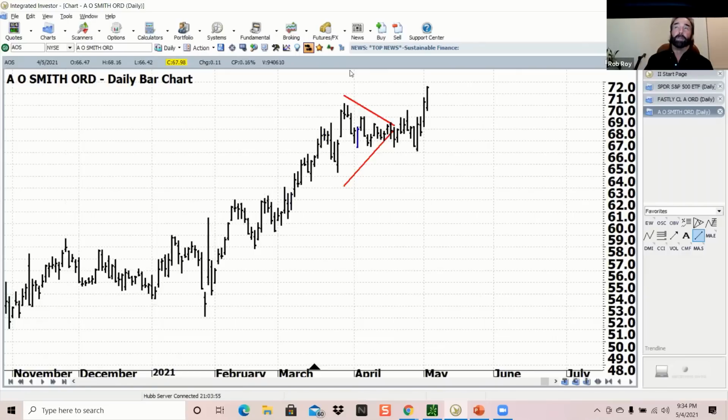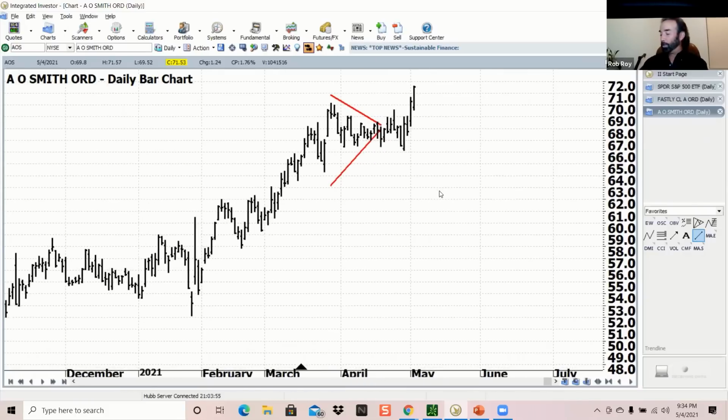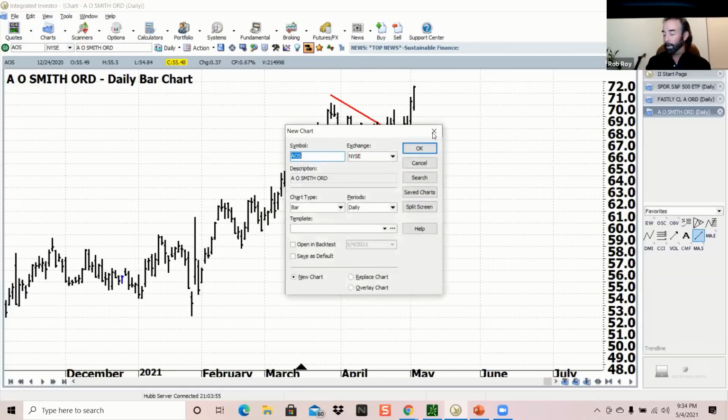So we had already broken to the upside. We did protect the downside here just to be safe, but we've broken higher. So I think we can go ahead and close this one out too and say this one's done as well. And that was the oldest one that we had. So now we're all the way up to case study considerations that we found on April 6th.